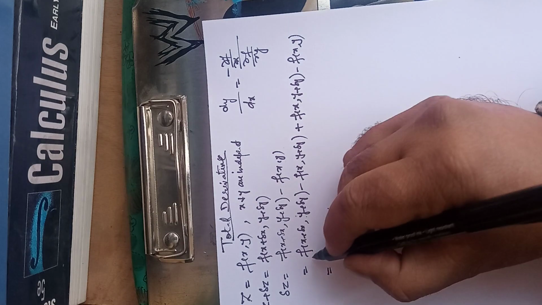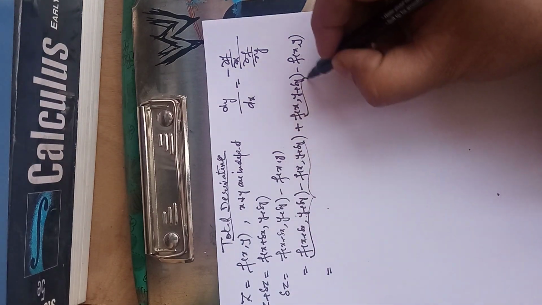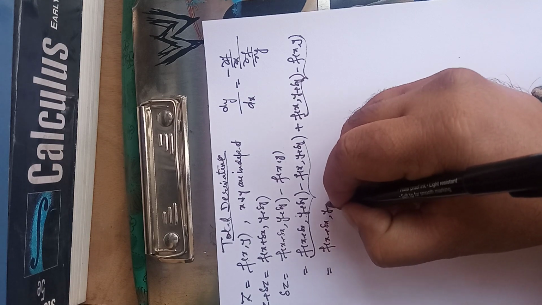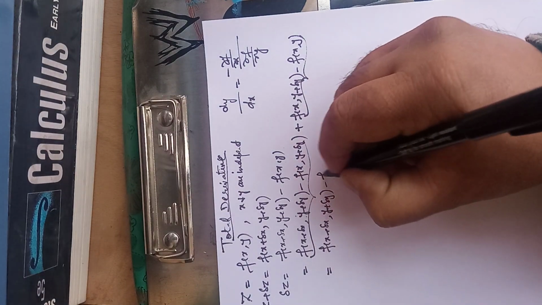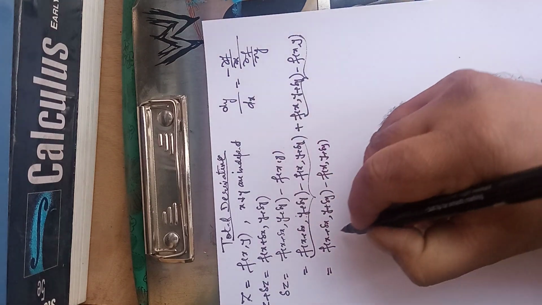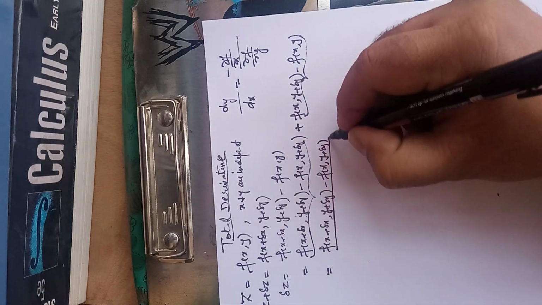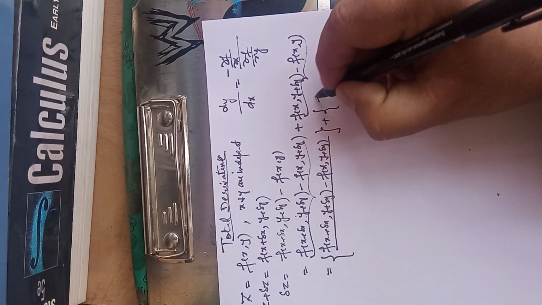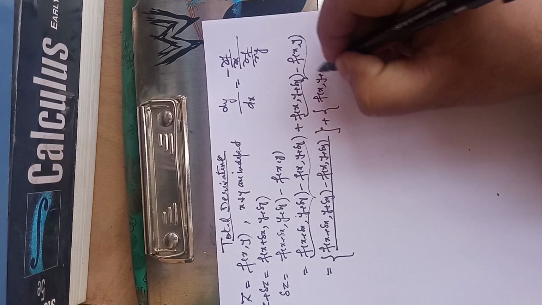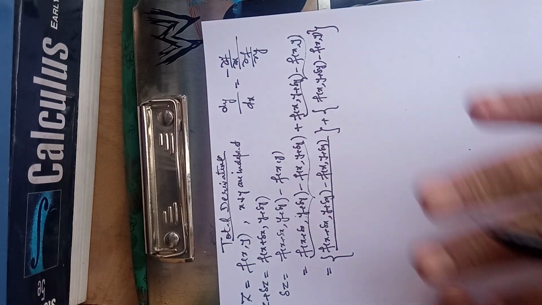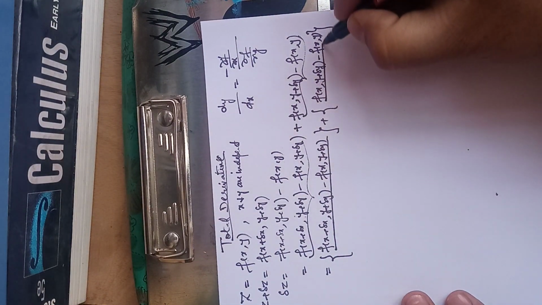Now let me combine these two and these two. This is f of x plus delta x, y plus delta y minus f of x, y plus delta y, plus f of x, y plus delta y minus f of x, y.